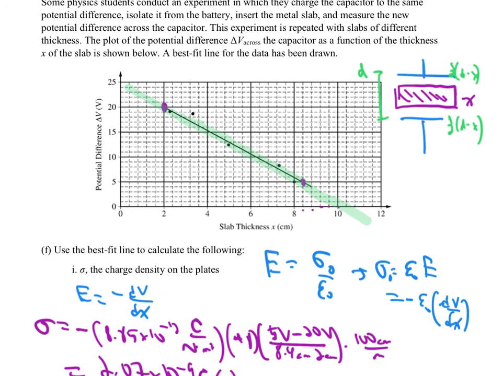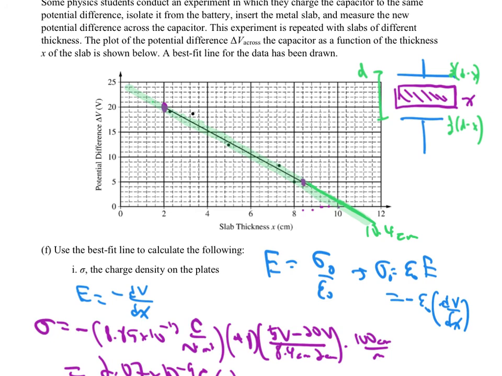So let's extend this line, and we see that it's at about 10.4 or so, which is close enough to get what we want.